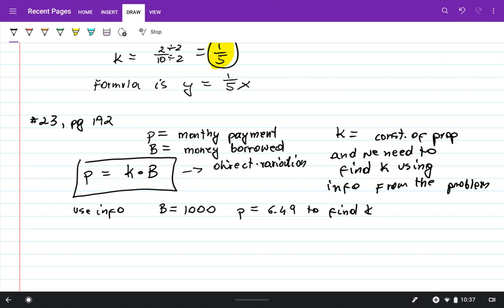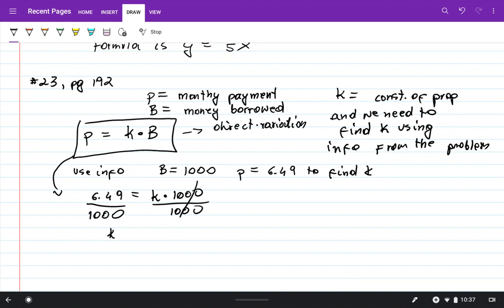I'm going to replace P with 6.49, K we have to find, and B is equal to 1,000. So we're going to divide each side by 1,000 to find the constant of proportionality, and we'll end up with K equal to 0.00649. Okay, so I move the decimal place 3 units to the left. This is the constant of proportionality.